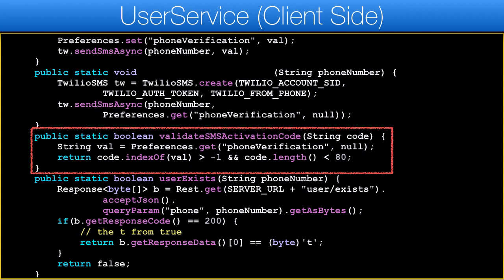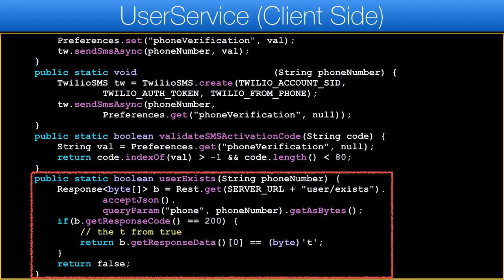Notice I don't just use equals. Instead, the validation string might include the full SMS text. This can happen on Android, where we can automatically validate. Notice I still limit the length of the string to prevent an attack where a user can inject all possible 4 code combinations into this method.